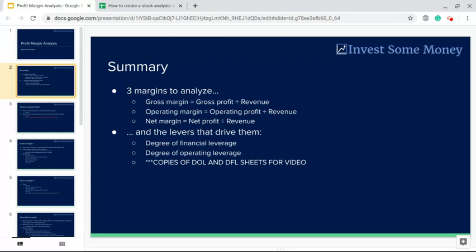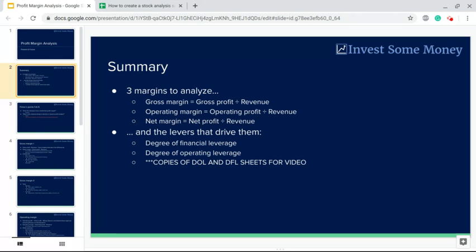There's the gross margin, which is gross profit divided by revenue, operating margin, operating profit divided by revenue, and net margin, net profit divided by revenue. As you can see, they're all divided by revenue, and they're all expressed as a percentage of revenue. In other words, what percentage of revenue got carried to gross profit, to operating profit, to net profit. So those are the three margins.